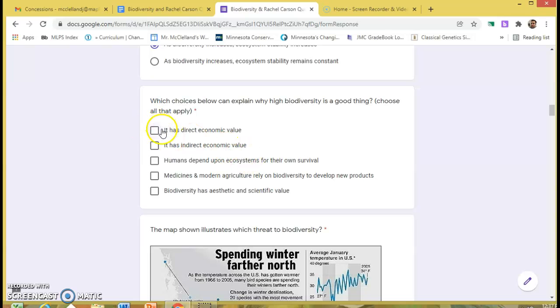Well, there's economic value, in some cases direct and indirect. We as humans depend on ecosystems for our own survival. Medicines and modern agriculture rely on biodiversity to develop new products. And biodiversity has aesthetic and scientific value. So they all apply.